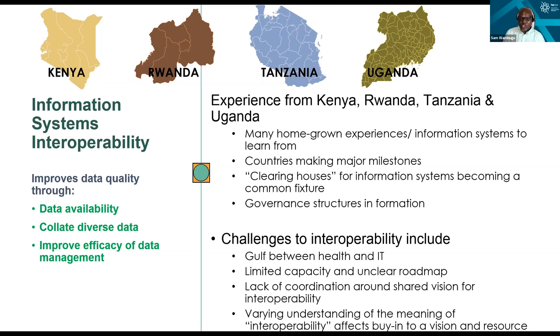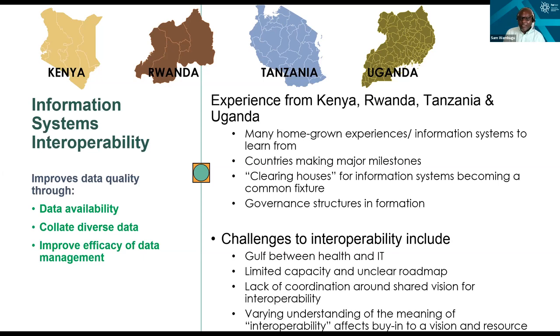But there still lie certain challenges. One is that, as Derek mentioned in his presentation, there's still a huge gap between technology and health, and these 2 entities do not always come together. Yet they are so important in making interoperability possible. Human resource capacity is still an area that needs development, as well as coordination around a shared vision, because we are talking about many systems, and therefore there is need for coordination.